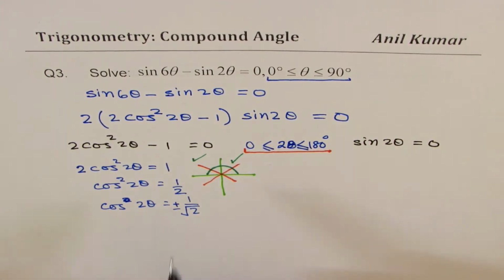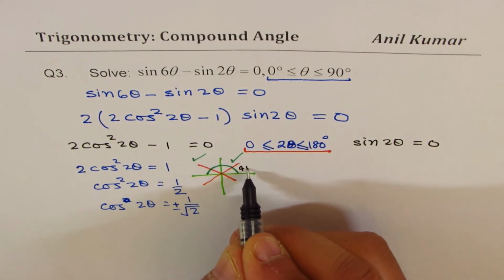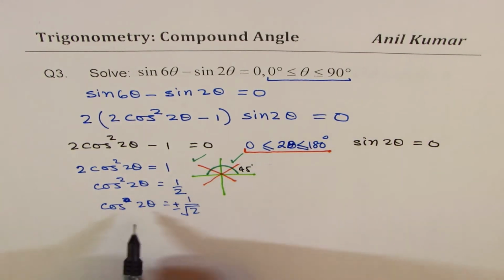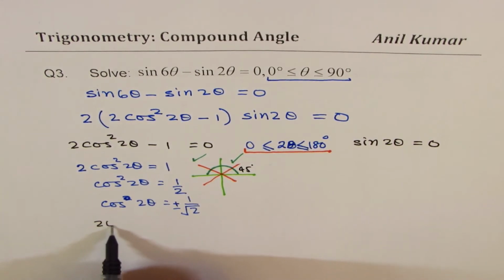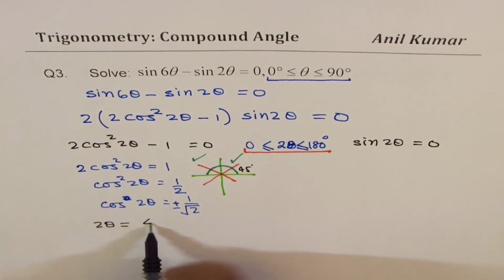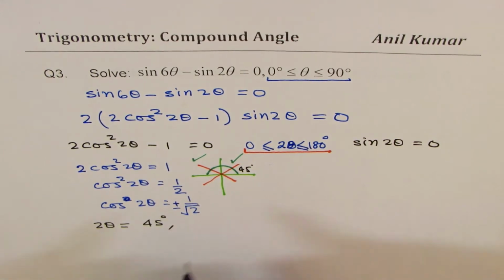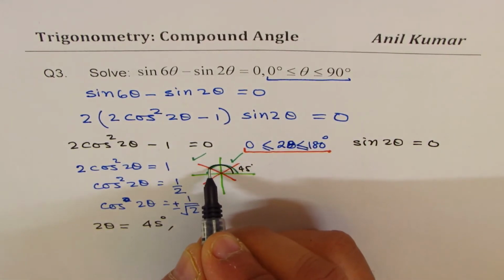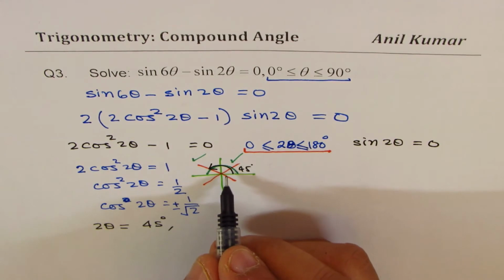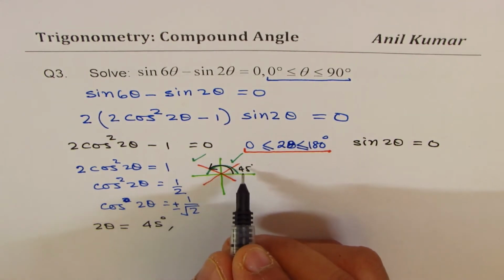So 1 over square root 2 means we are looking for 45 degrees as the acute angle. So 2 theta is either equal to 45 degrees or 180 minus 45, correct?